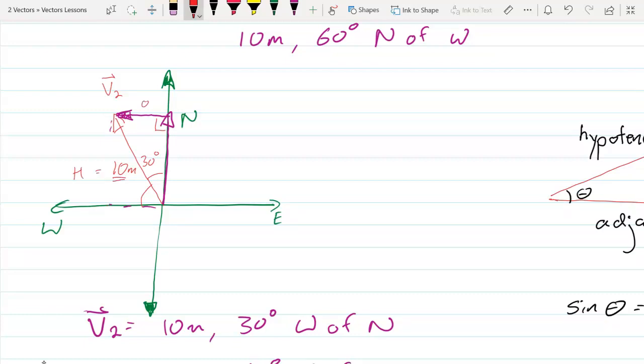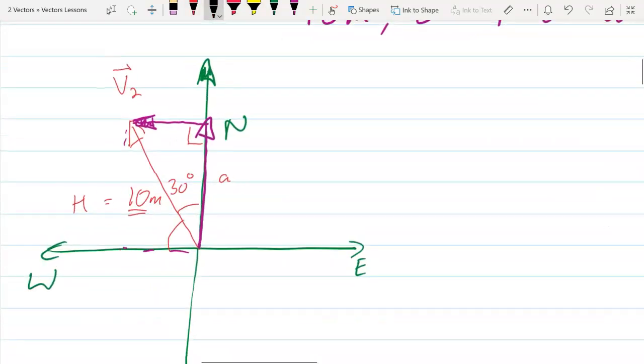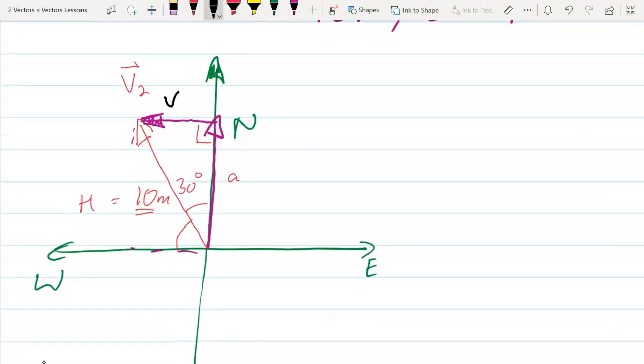I want the opposite side and the adjacent side. That's what I need to find. The opposite side is V2 east, and the adjacent side is V2 north. So let's start with V2 east.